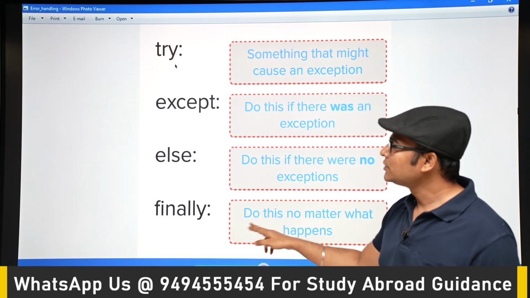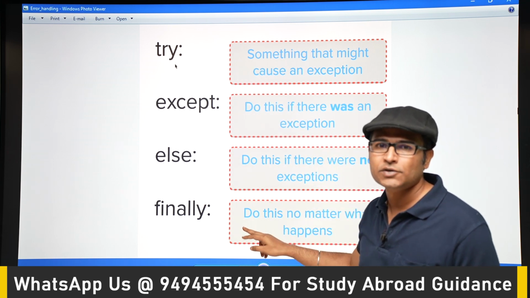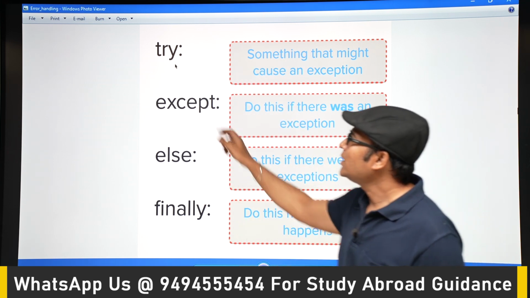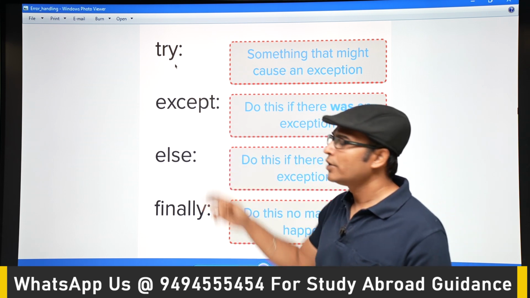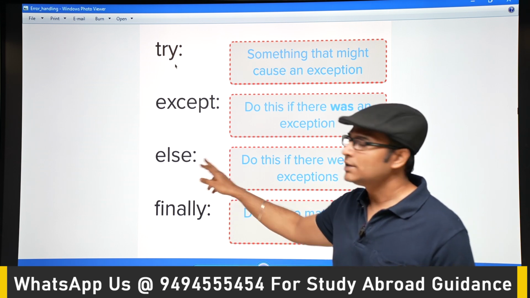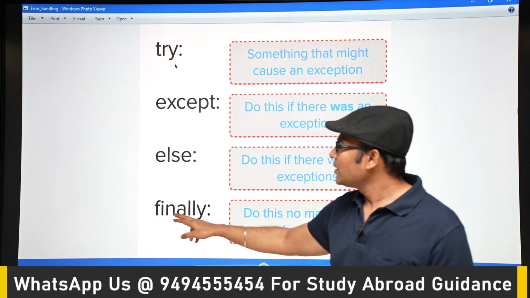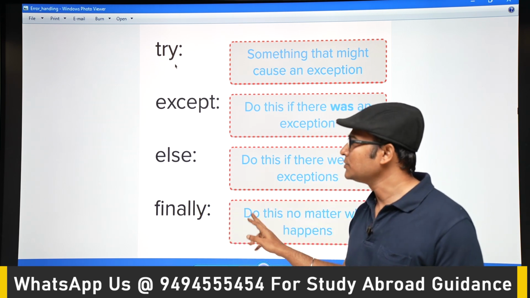So finally will execute irrespective of whether there is an exception or not. Again, try contains the lines that might cause the exception, except is going to get executed when there is an exception, and if there is no exception, else is going to get executed, and irrespective of whether there is an exception or not, finally is going to get executed.